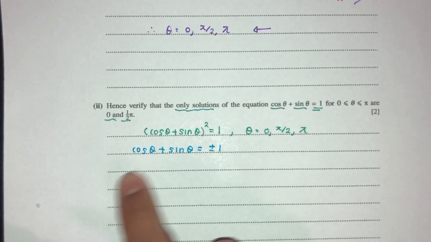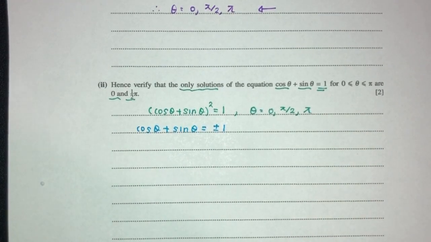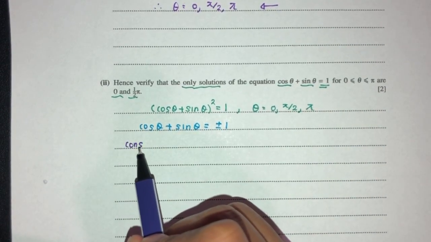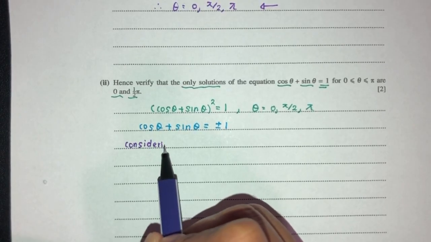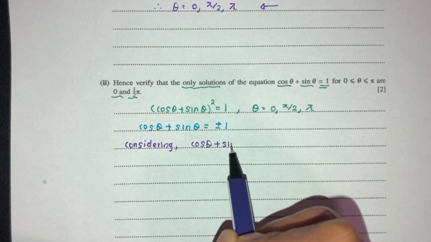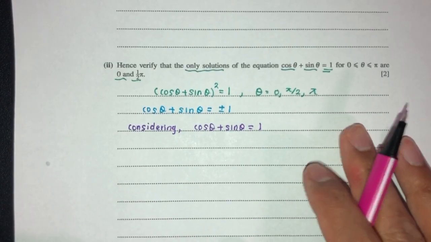But in this case, we only care about the plus 1 part. So let me make it simple and go directly with what we have, considering only the positive side: cos theta plus sine theta equal to 1.